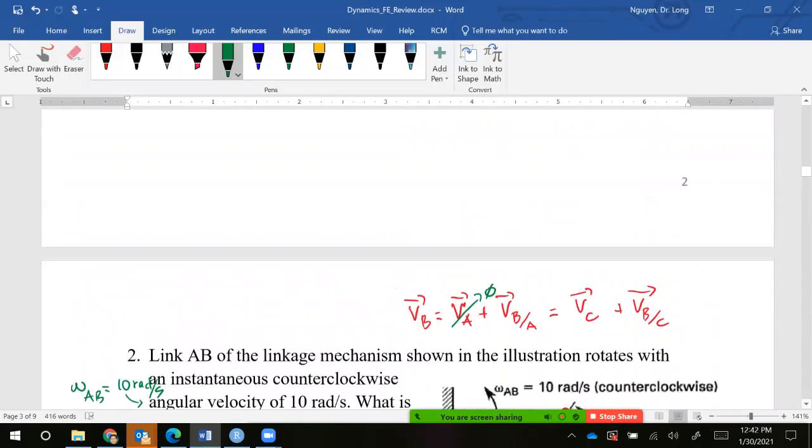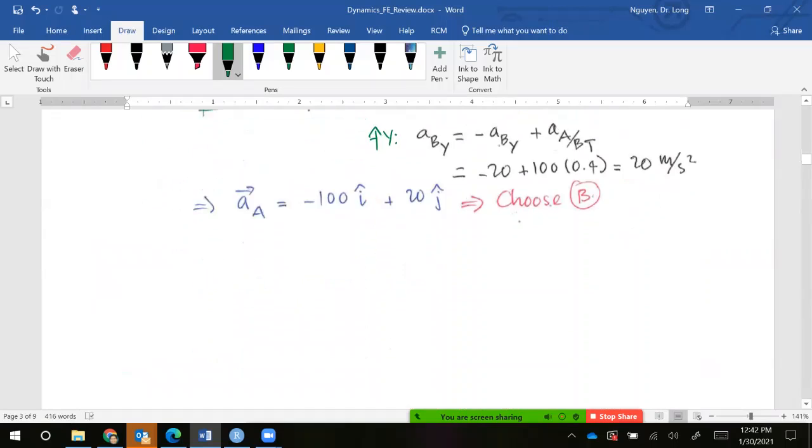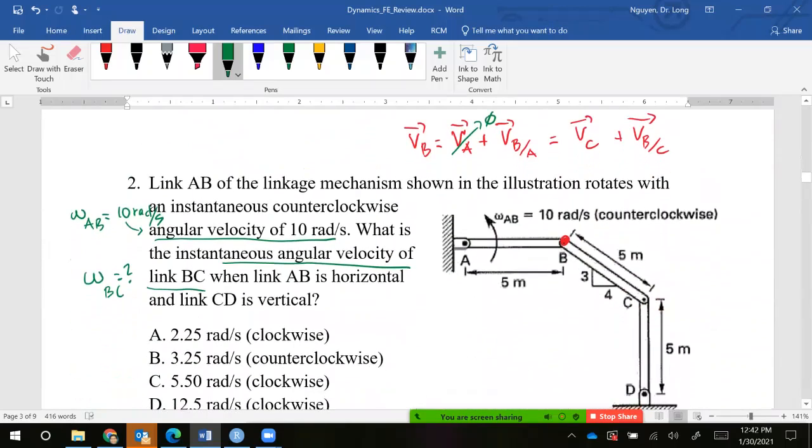On body BC, you draw the Rafa stick just like the first problem, and it's simpler because it's velocity. I'm not going to review the same method that you use, I leave it to you. Go back to use the relative velocity equation in X and Y components to find out omega BC and omega CD, for those two unknowns in these two scalar equations from this relative velocity equation.